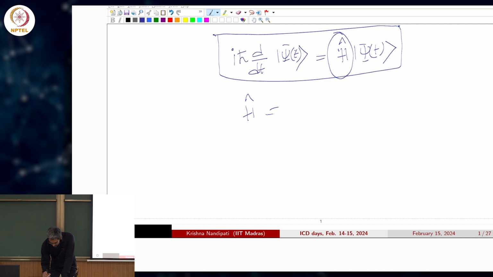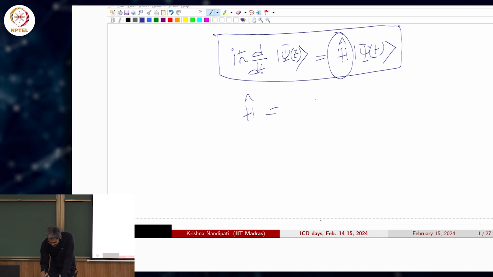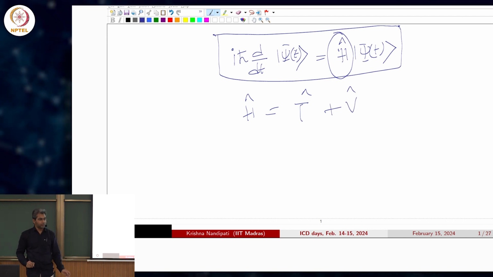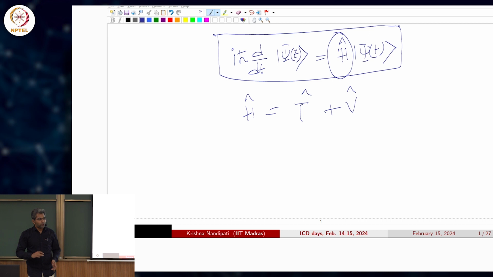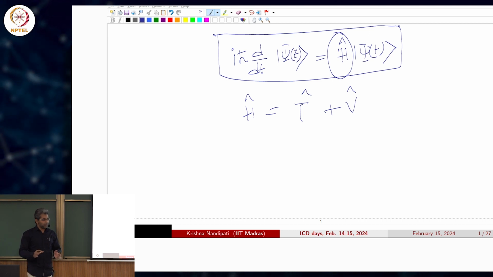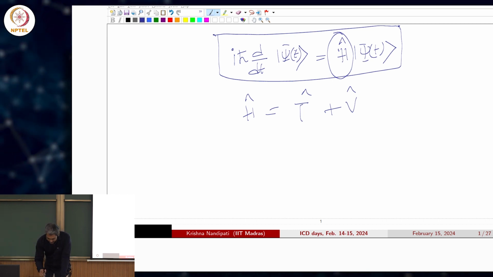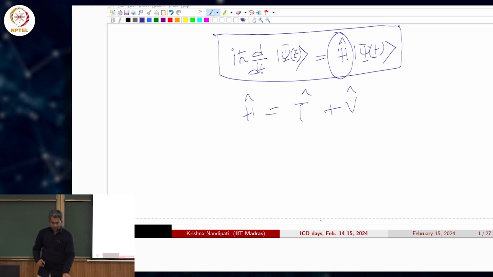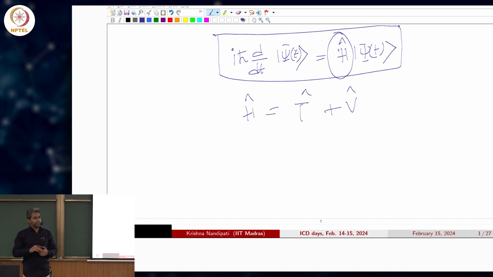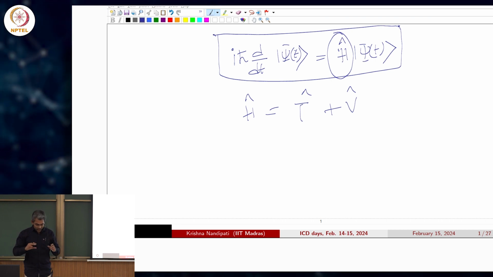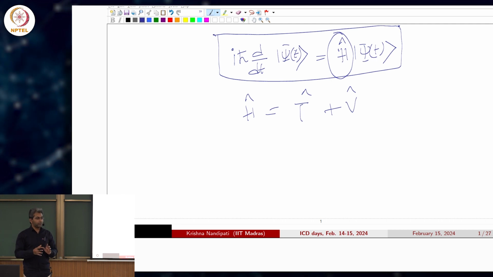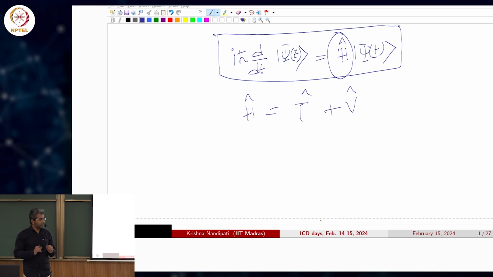What should the Hamiltonian contain? It has the kinetic energy and potential energy of the system, right? The information about the force fields within the molecular system. Depending on the molecular shape or the geometry, the potentials are complicated functions of these coordinates in general.